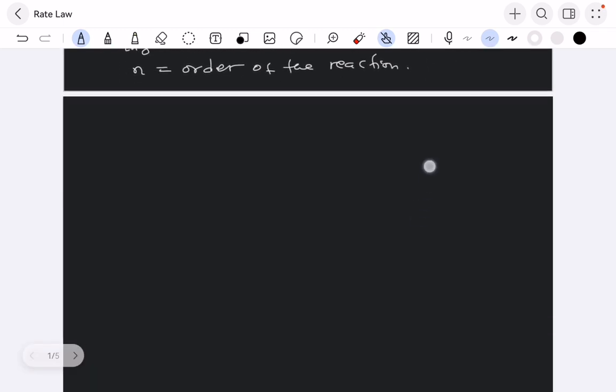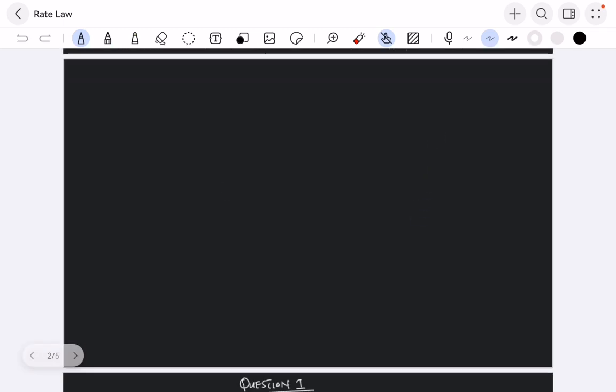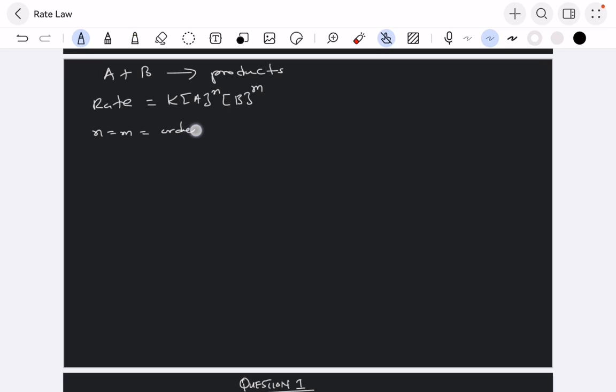Now, if the equation was A plus B giving us products, in this case, the rate law would have been K[A]^n[B]^m, where n and m represent the order of reaction.